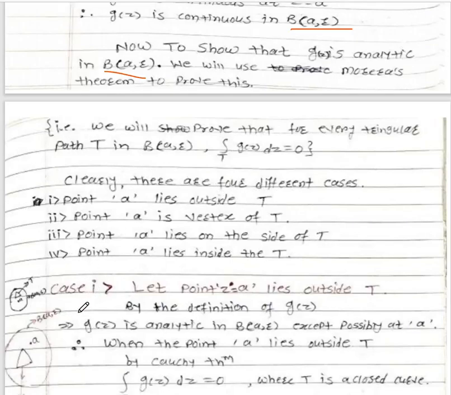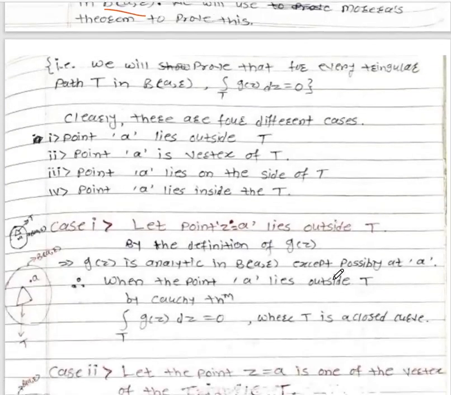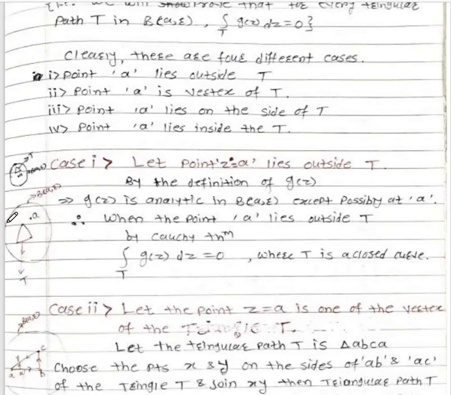Now we will check the first case. Let the point z equal to a lie outside the triangle T. T is a triangular path. Let us consider this is the open disk with center a and radius r, and this is the triangle T. Let us consider a is any point which lies outside of this triangle.